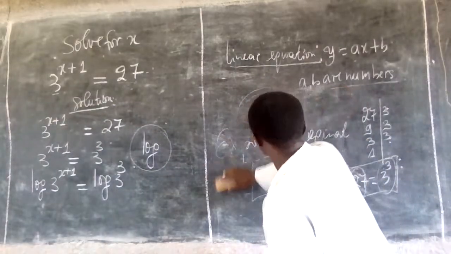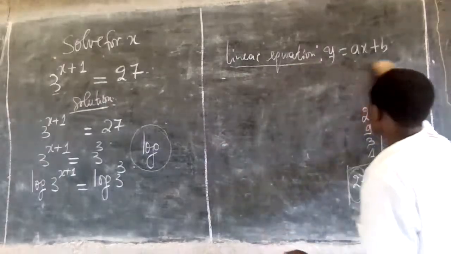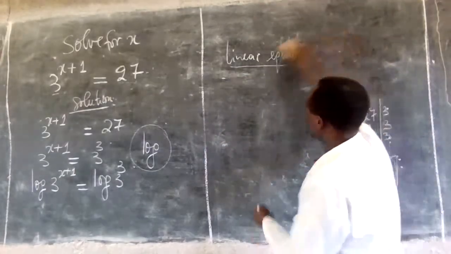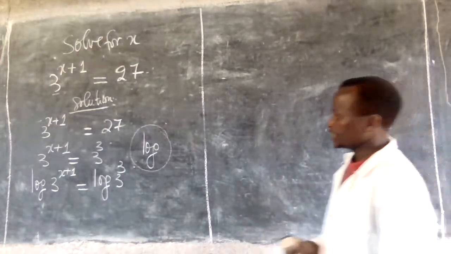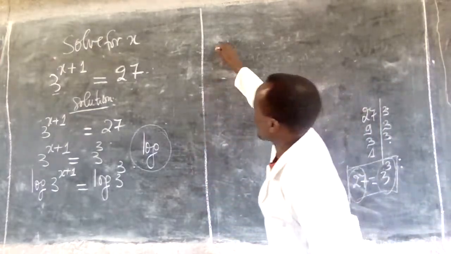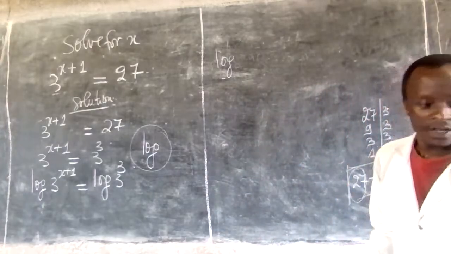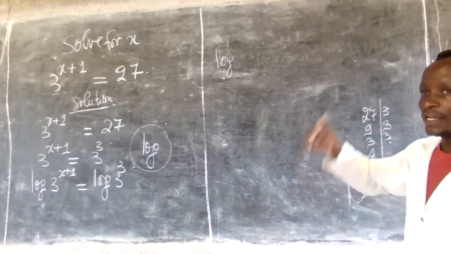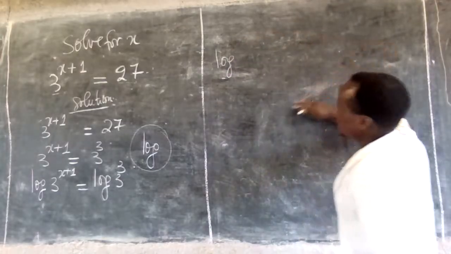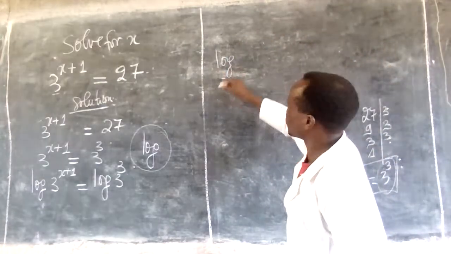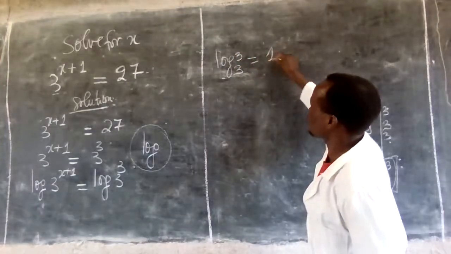In logarithmic equations, I have done it before, please revise what I did in the last videos. I have explained them clearly. Now, when you have the logarithm of, for example, 3 in base 3, this is equal to 1.